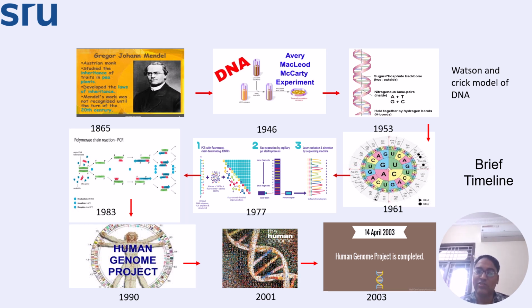The 1977 further series of experiments, sequencing and other things. Here PCR came up. This finally led to the Human Genome Project. We'll start the Human Genome Project in 1990. The US started.